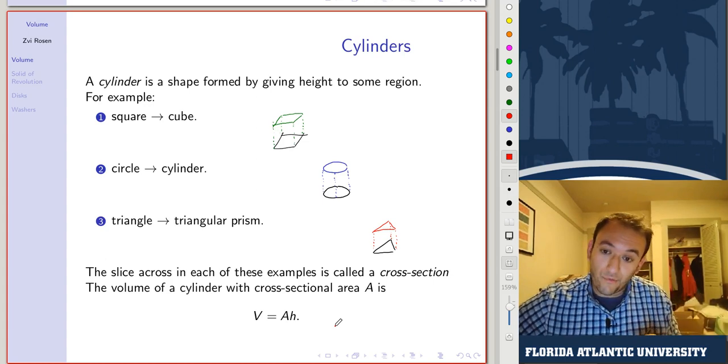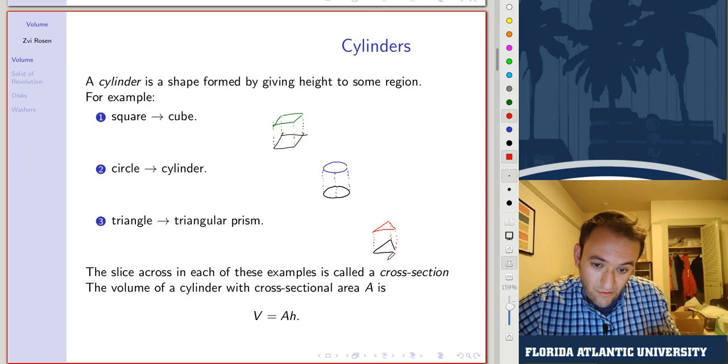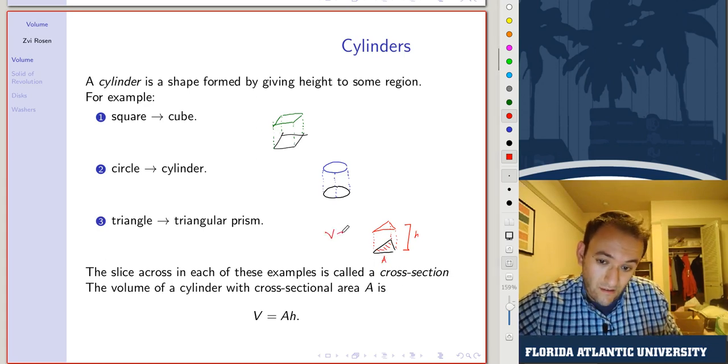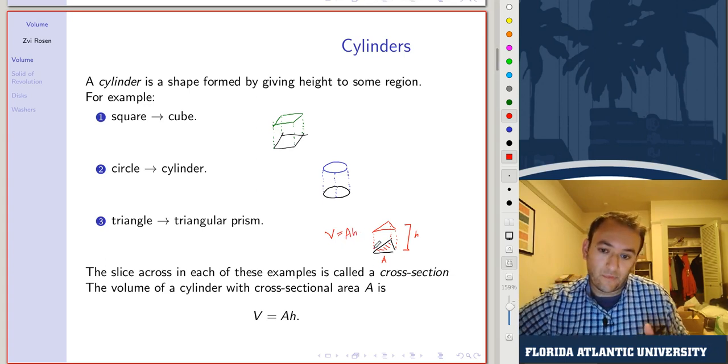And the rule for these cylinders is the volume of a cylinder with cross-sectional area A is V equals A times H. Okay, so this is our height, and the area of this region is A. Then the volume of the resulting cylinder is V equals A times H. Okay, and the same for the other examples.